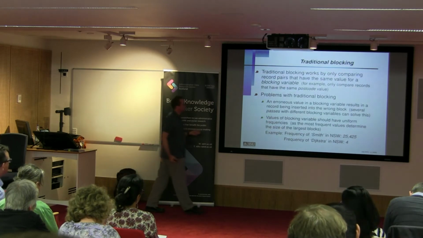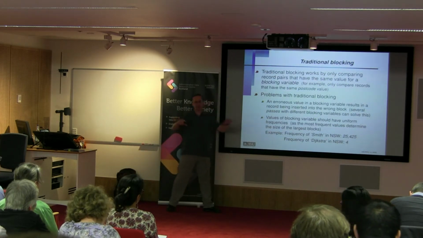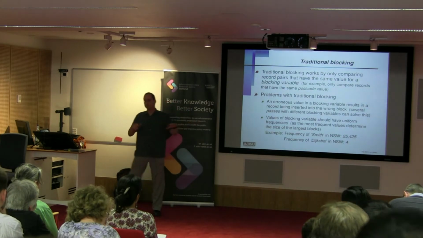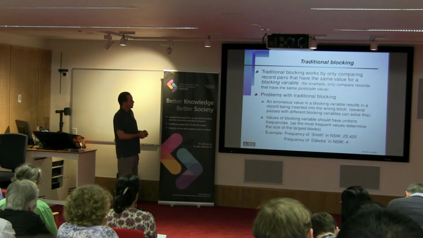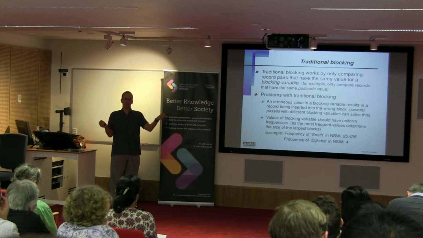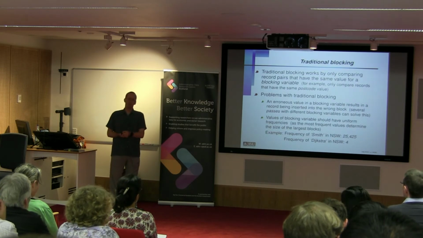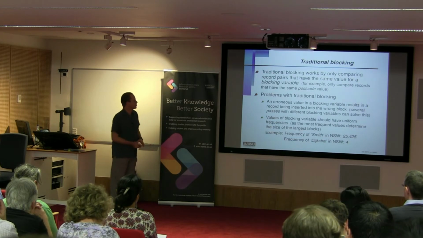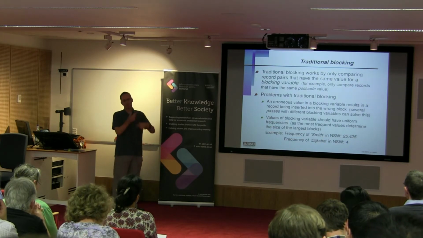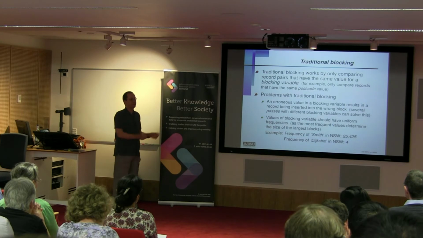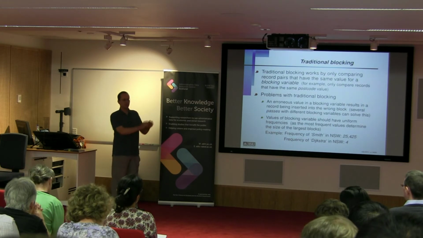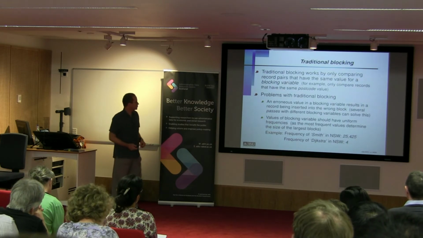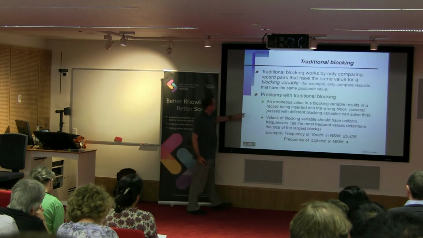The nice thing with postcode also is that the number of records in a postcode is roughly evenly distributed. We only compare the records which have the same postcode. The problem with that is if somebody has moved, we're never going to compare that person. Right? So we have to do that with different iterations, so not just postcode, but maybe also surname, maybe the age of people, etc. So that's the first problem with traditional blocking.